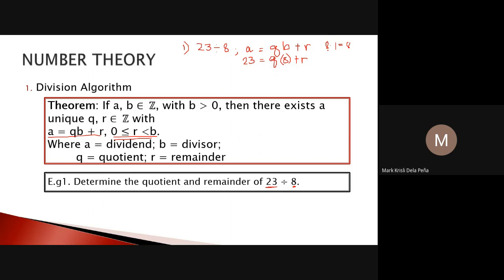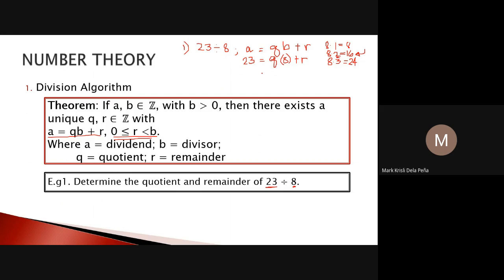You also have 8 times 2, which is equal to 16, and 8 times 3, which is equal to 24. However, 24 is greater than 23, so our q is located in this portion, and that is number 2.